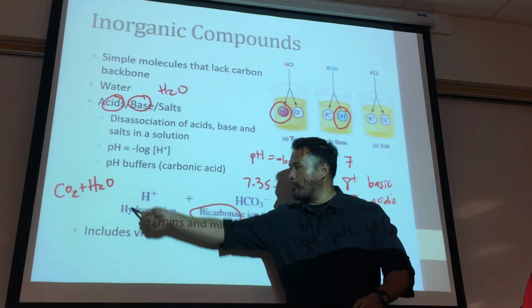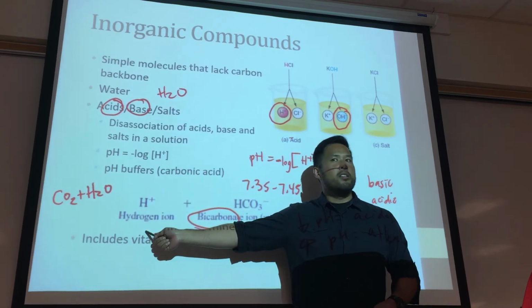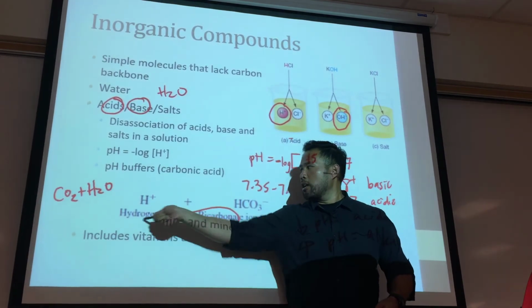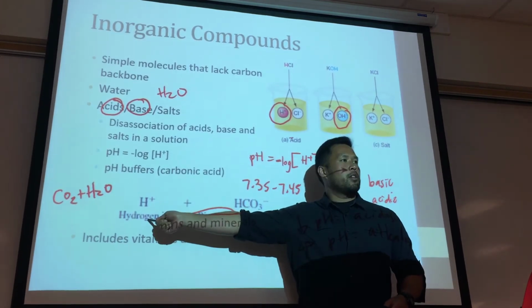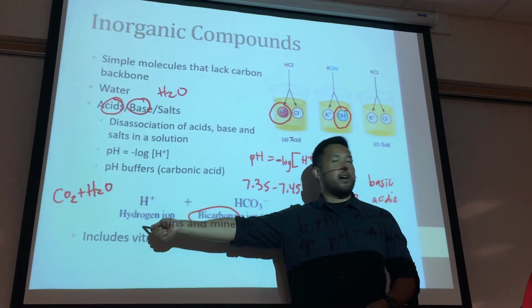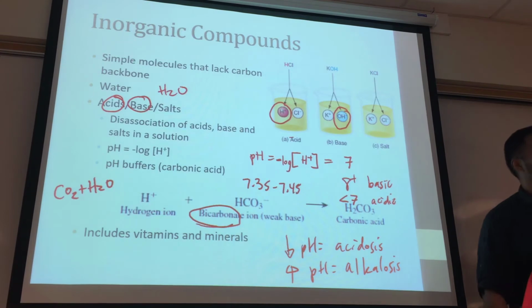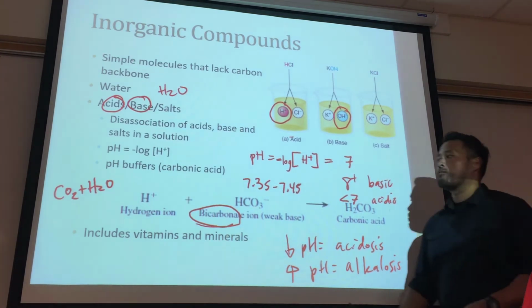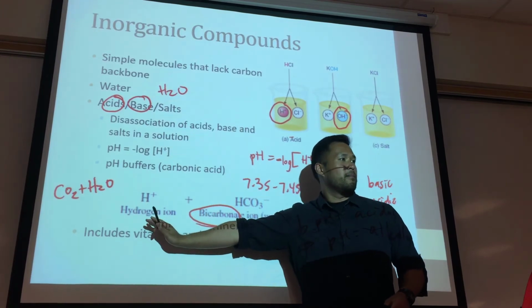And then, what happens with that other hydrogen ions? Well, we can get rid of this in multiple ways. You'll learn in our respiratory lecture, we can get rid of hydrogen ions this way. You'll learn in our urinary lecture, we can get rid of hydrogen ions through urine. You'll learn through the digestive system, we can get rid of hydrogen ions there as well. We have multiple ways of getting rid of it. That's the whole focus of what we're going to be talking about in our urinary lecture, is the getting rid of acid.